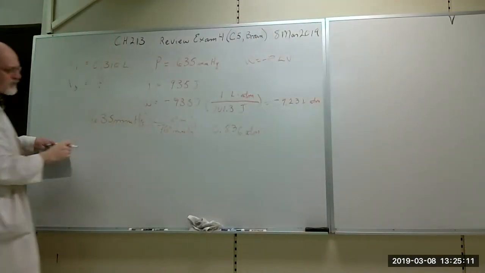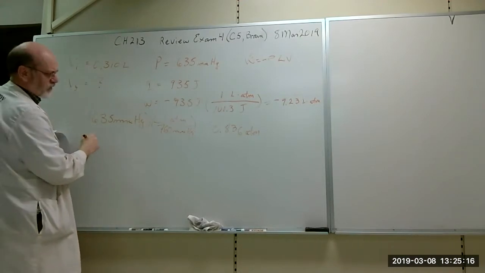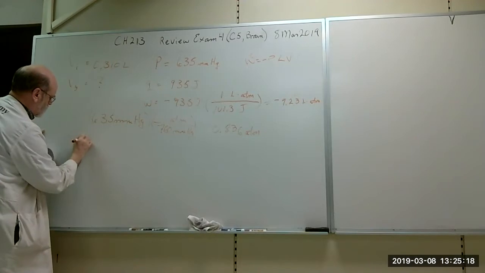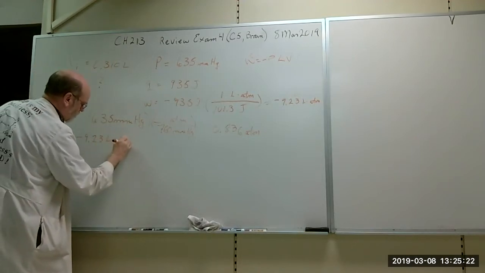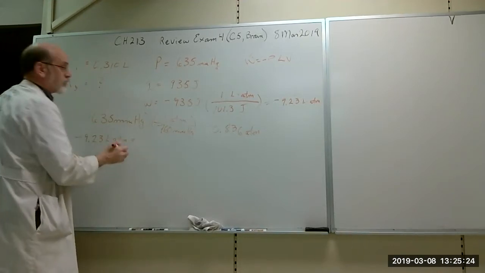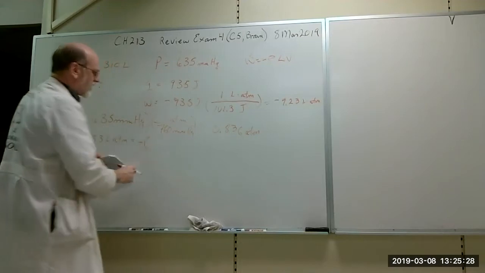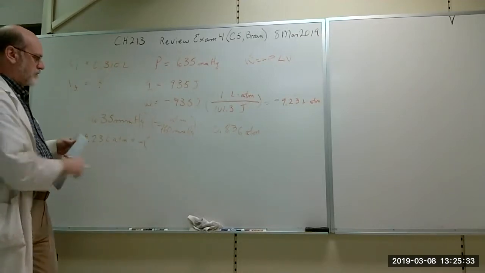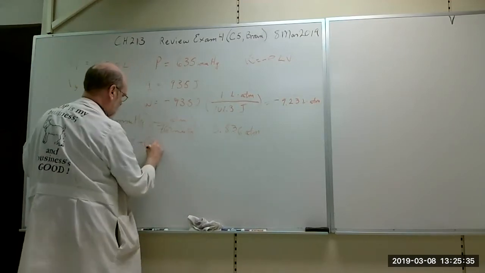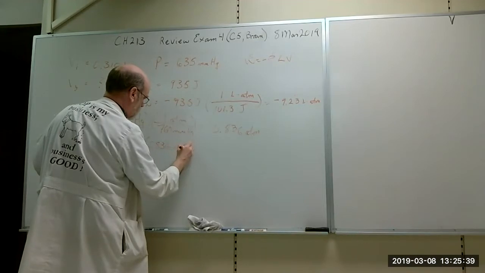Right. So the work that's being done on the surroundings is minus 9.23 liter atmospheres, and that's equal to minus P delta V. So minus P is 0.836 atmospheres.